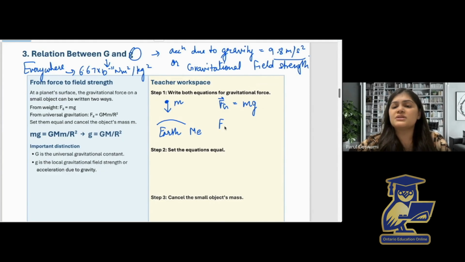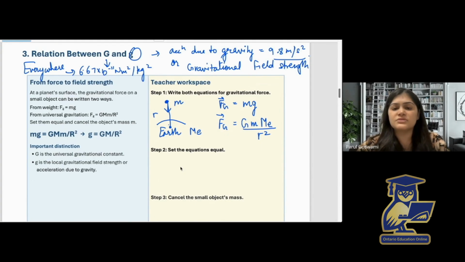And due to the universal gravitational law, we will write Fg equals capital G m1, which is the mass of this small object m, times the other mass, Earth, whose mass is Me, over r square. Let's say the distance between this object m and the Earth is small r, so I would write r square.